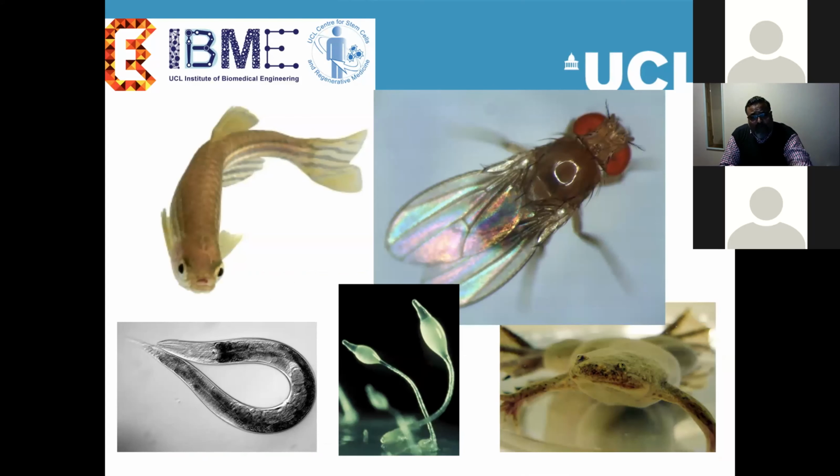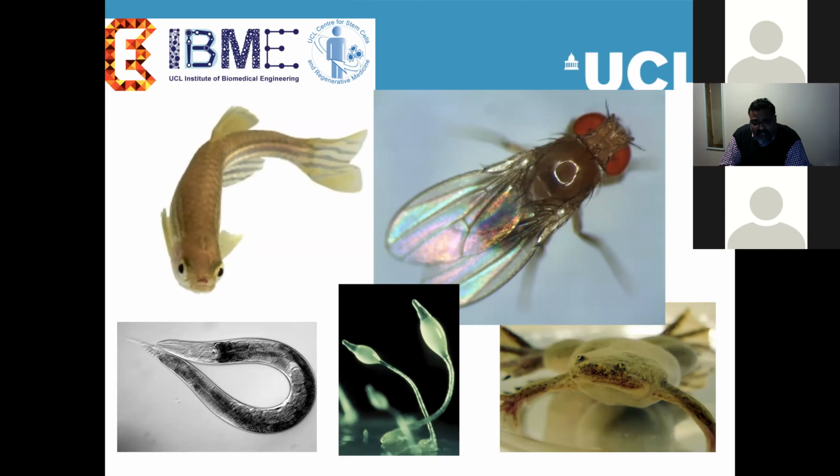So these are all the organisms we have sprayed before: zebrafish, Dictyostelium, Xenopus tropicalis, the African clawed frog, C. elegans, which is the worm, and Drosophila, the fruit fly. All of these organisms we have sprayed using our technologies, both bioelectrospraying and cell electrospinning, and shown that they are not perturbed.